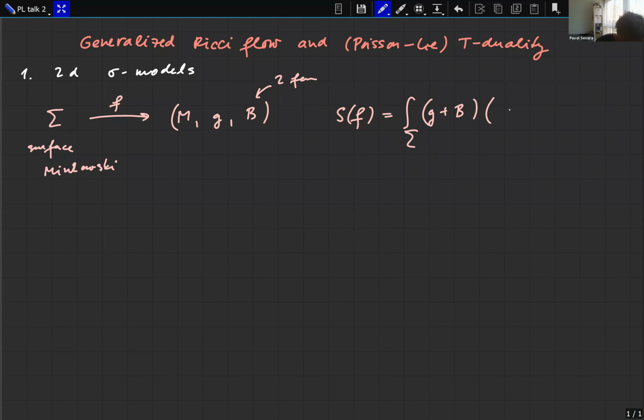So we put there D plus F and D minus F. There will be a part with G, D plus F, D minus F. And the B part can be written as the integral of the pullback of this two-form.